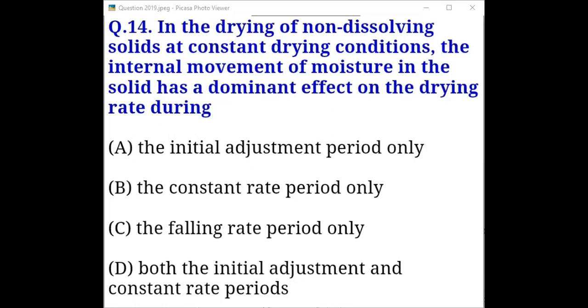So now we have to derive the equation for constant rate period.